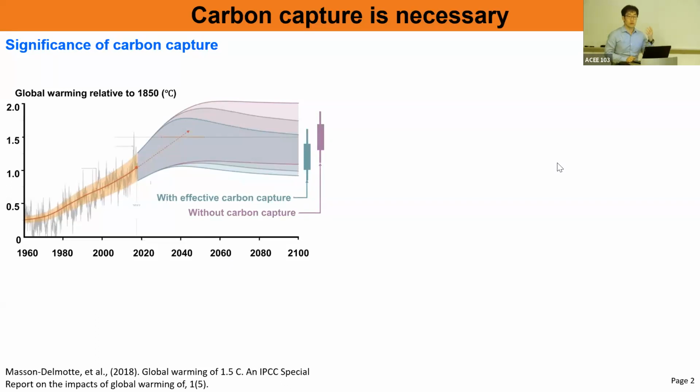If we don't intervene, with more and more carbon emission by the year 2100, we will have more than a 2 degrees Celsius increase. If we have new strategies to reduce or capture carbon dioxide, we can limit the increase to 1.5 degrees Celsius. That number determines how much effort we need from today to 2100 to reduce carbon dioxide.